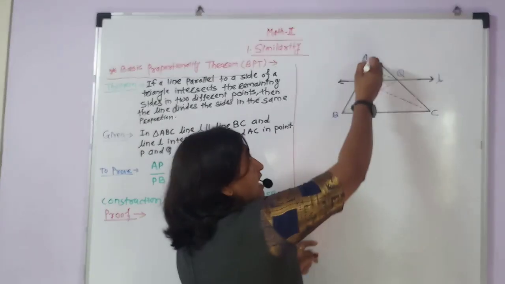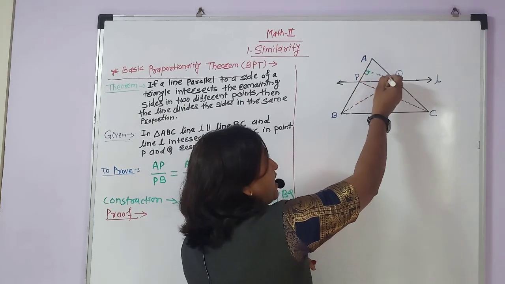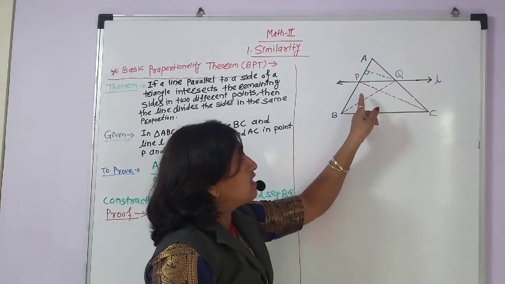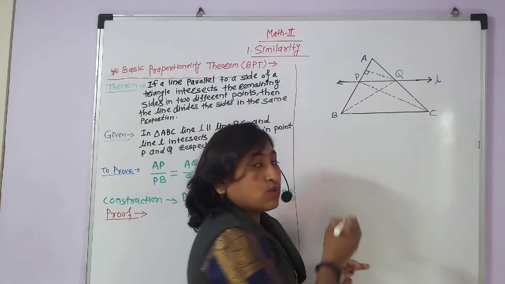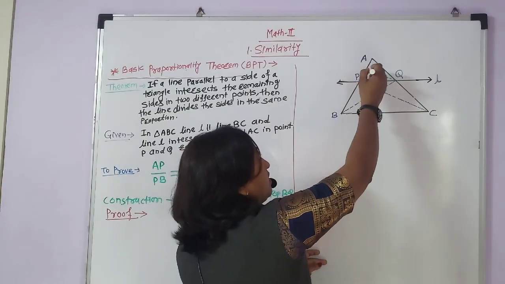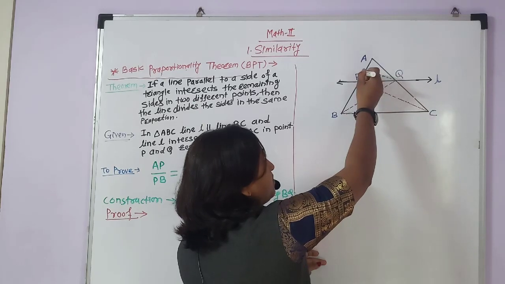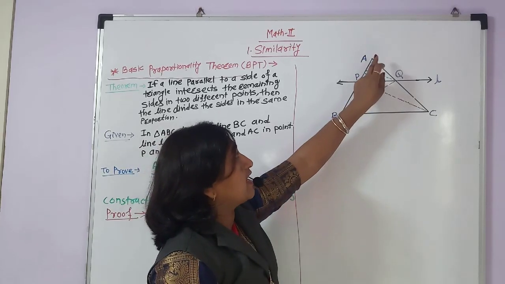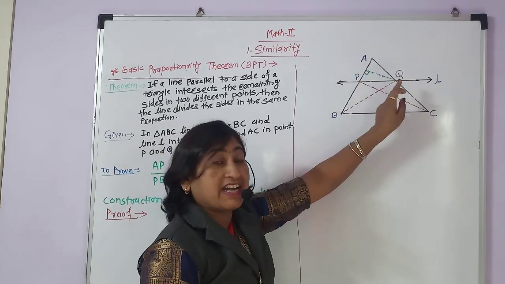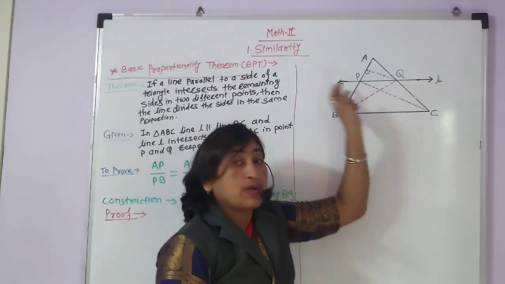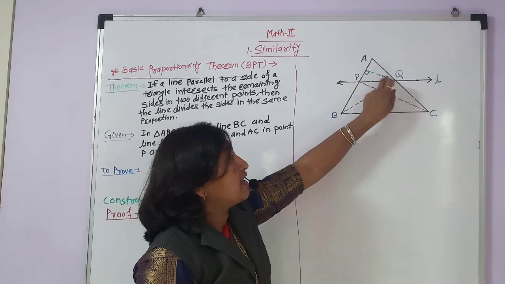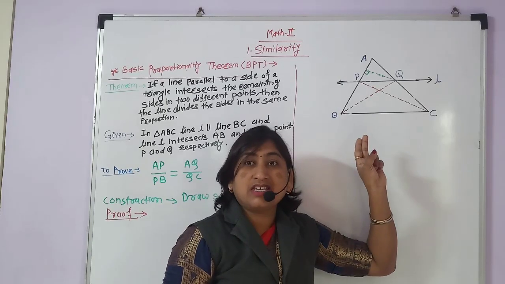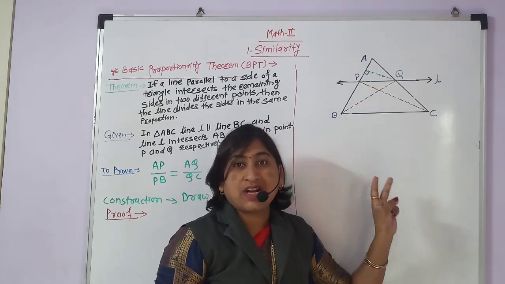In triangle APQ, the green line is the height, and triangle PQB is an obtuse triangle, so we draw the perpendicular height for that triangle also. This green dotted line shows the same height for these two triangles.